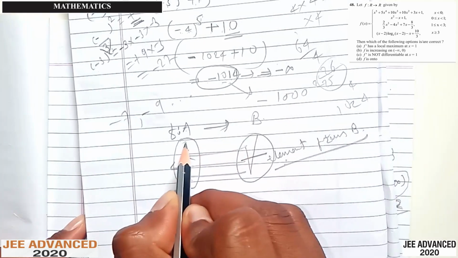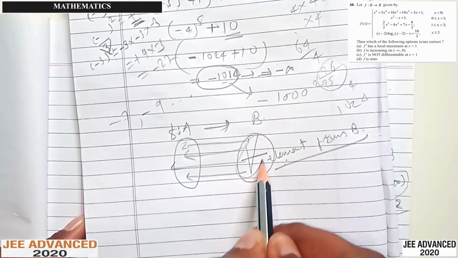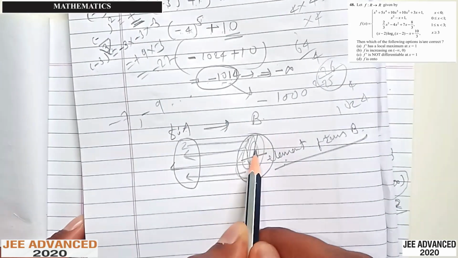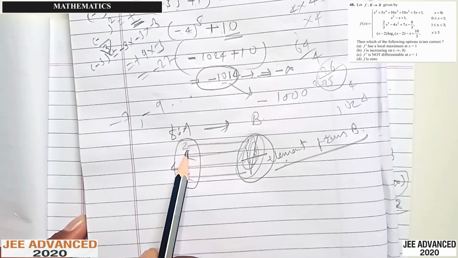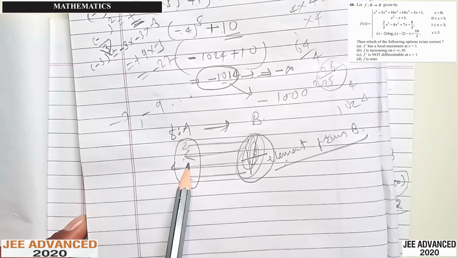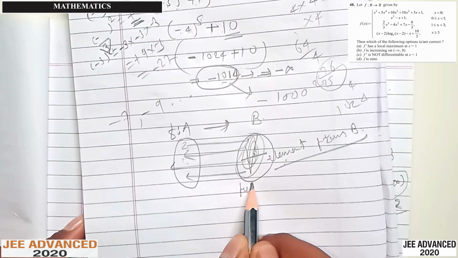So the onto condition says that all the elements over here need to have a pre-image in A. Whenever this condition holds, we say that our function is onto.